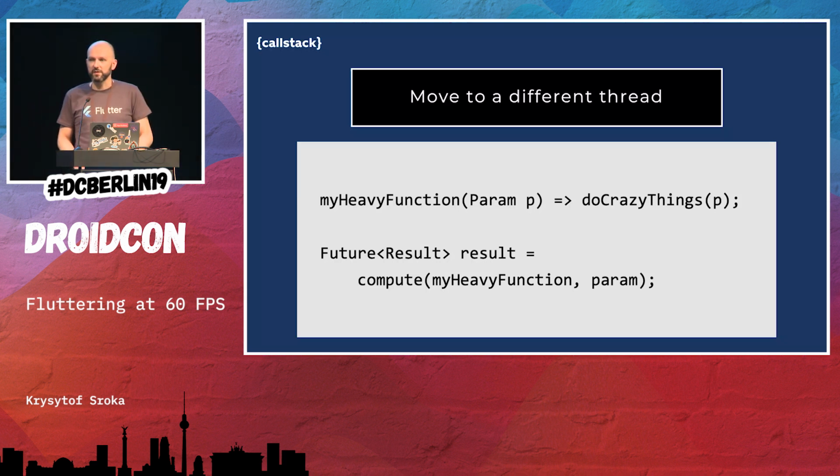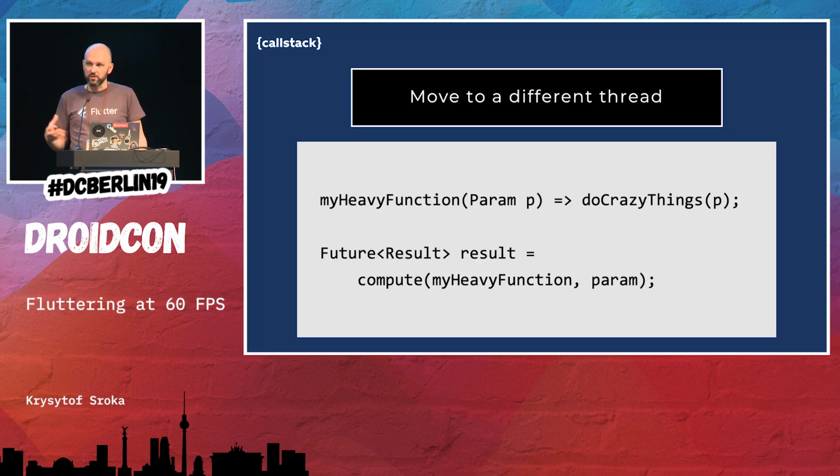Now, one other thing that's common is doing heavy lifting in the UI thread. So imagine we have a build method, and suddenly, because of a URL change, we try to fetch some data and process it in the build function. We would like not to do that on the UI thread, since it's going to slow down the rendering for the whole application.